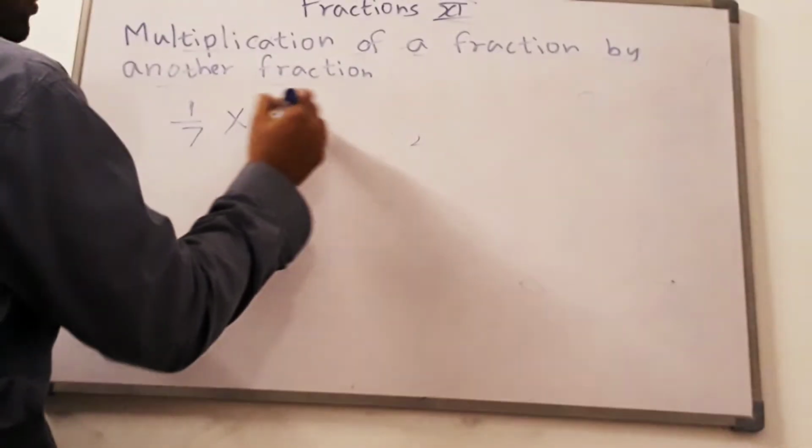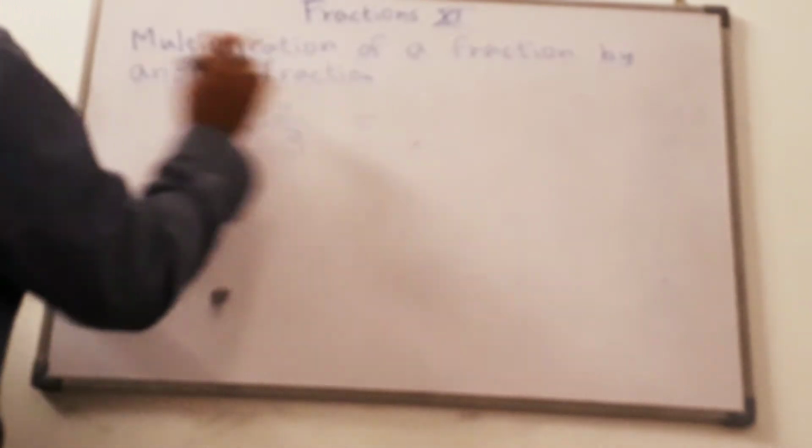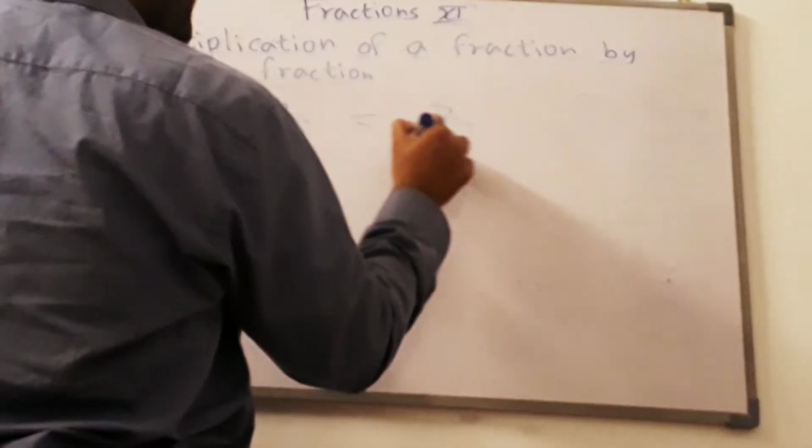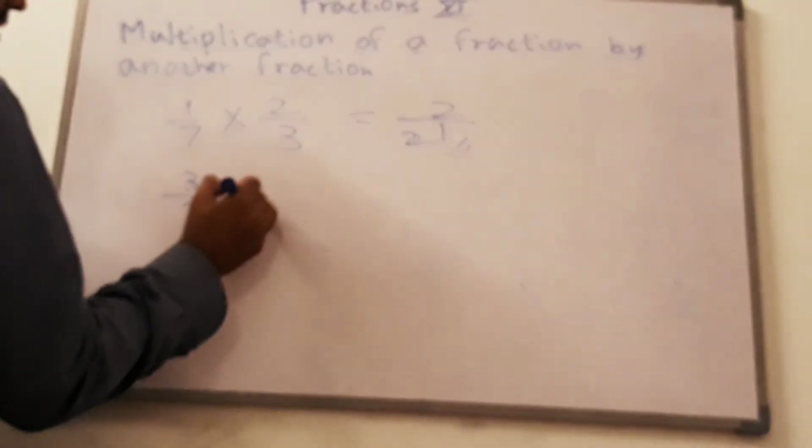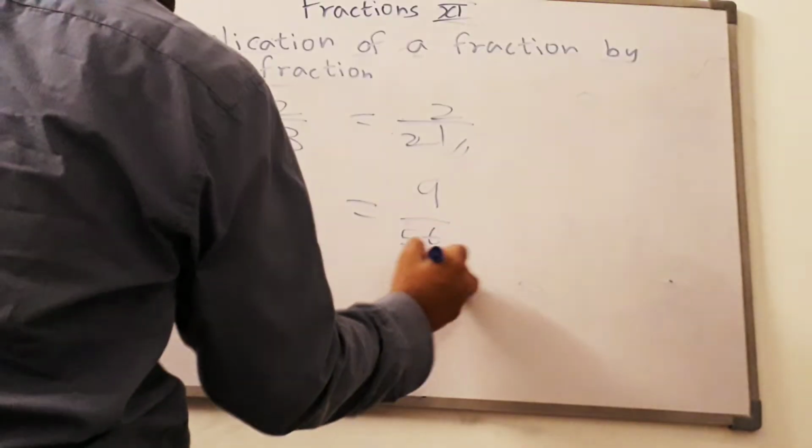Suppose a sum like this. 1/7 times 2/3. 2 times 1, 2, 7 times 3, 21. Then 3/7 times 3/8. 3 times 3, 9, 8 times 7, from the tables, is 56.